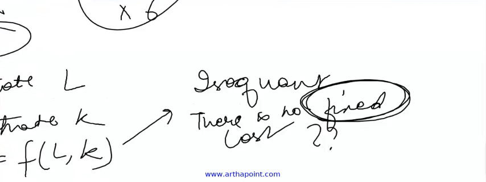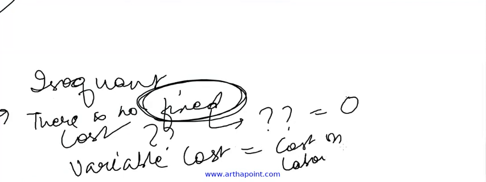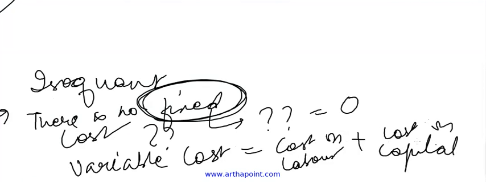And in this case, what is the fixed cost? It is going to be 0. There is no fixed cost. What is the variable cost? Variable cost will be cost on labor plus cost on capital, because both labor and capital can be varied in the long run.